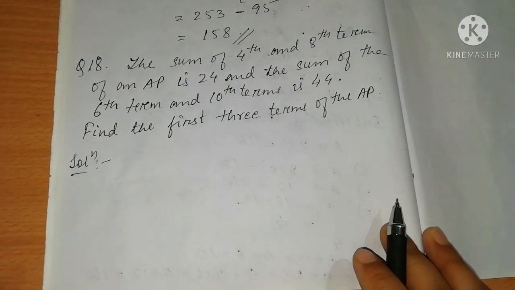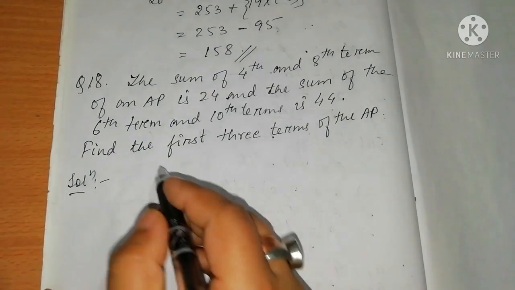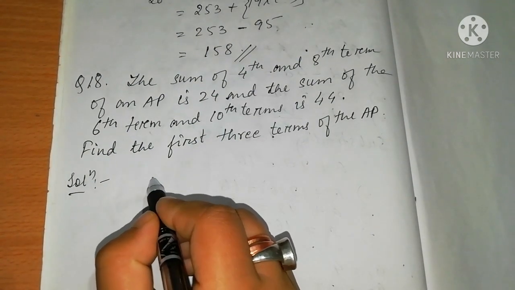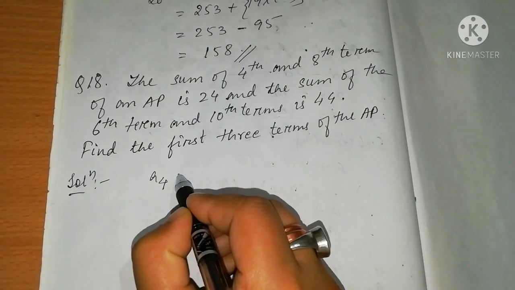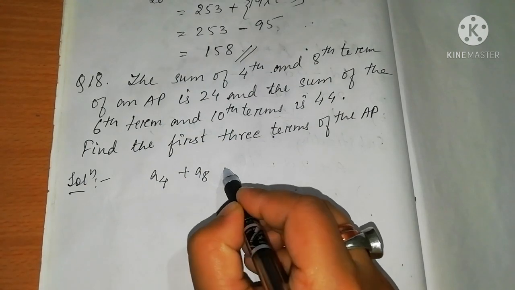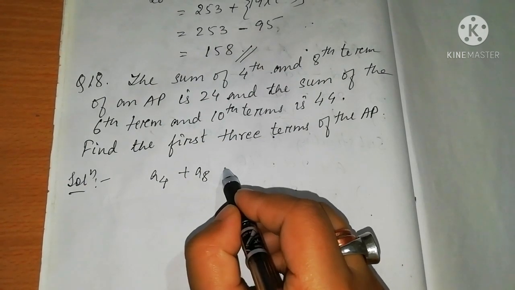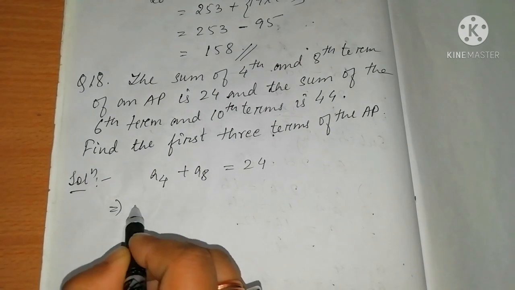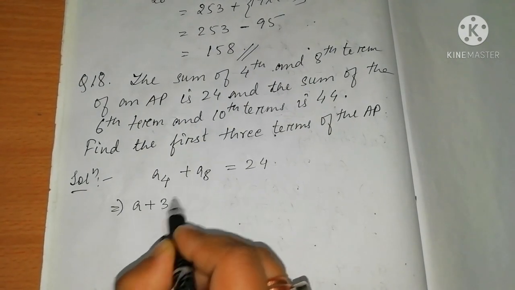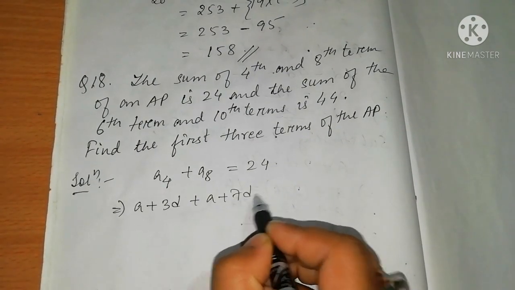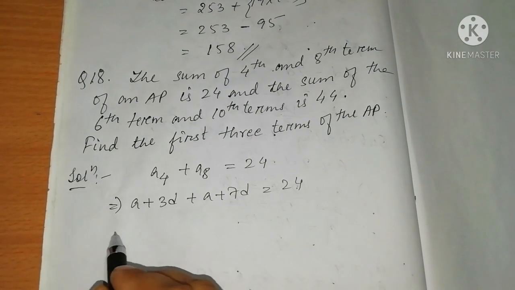So the sum of the fourth and eighth term. Fourth, that means your A4. Eighth, that means your A8. If we add these two, we'll get 24. So A4 can be written as a plus 3d. A8 can be written as a plus 7d, is equal to 24.